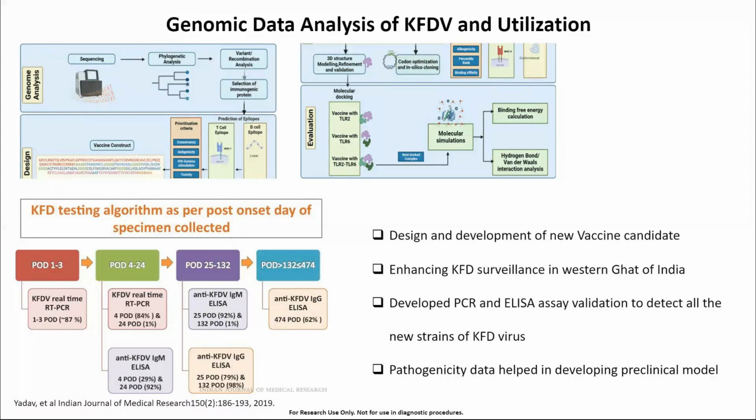Also, using this knowledge, we can develop new PCR, and we have already validated different point-of-care PCR. We could also validate our ELISA with the different strains, and we can assure that the existing system would work. This also helps us understand the algorithm of the testing method, and I'm sure that all this information will help formulate a very good vaccine for KFD soon, which we will utilize in the future.